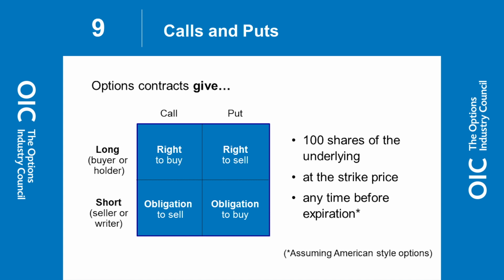If we buy a put, we have the right to sell 100 shares of stock anytime before expiration. When it comes down to it, as complex as options are, there's only 4 choices is what it really all boils down to. We can buy a call, or we can buy a put, we can sell a call, or we can sell a put, and that's it.